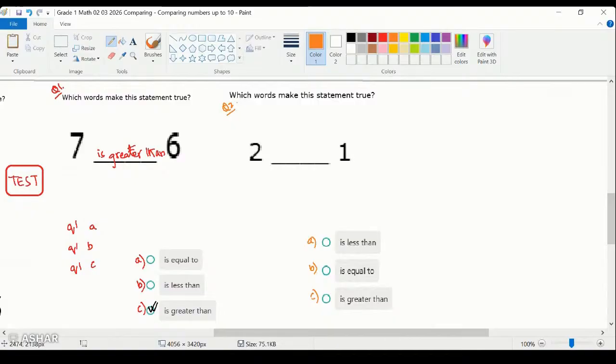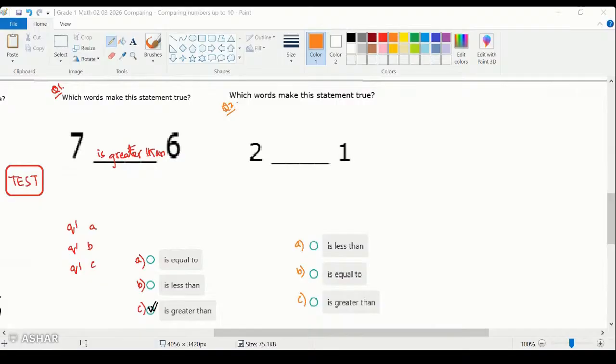What about question number 2? Which number is greater, 2 or 1? Is 2 greater than 1 or 1 is less than 2?